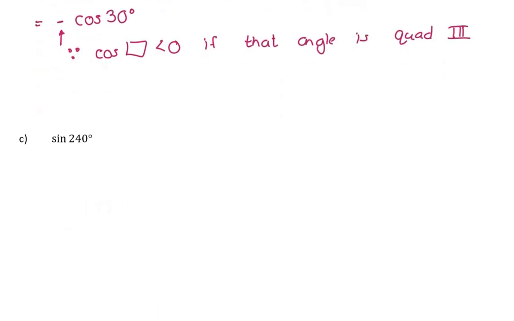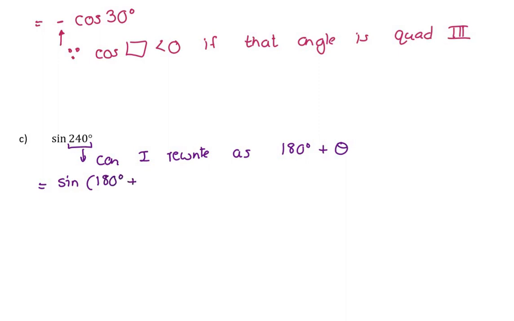Finally, let's look at sine 240. Exactly the same question. Can I rewrite 240? I'm hopefully realizing that there's no way I can rewrite it as 180 minus. So can I rewrite it as 180 degrees plus? And I can, because sine of 240 is sine of 180 degrees plus 60 degrees.